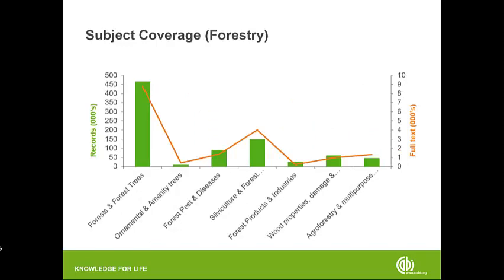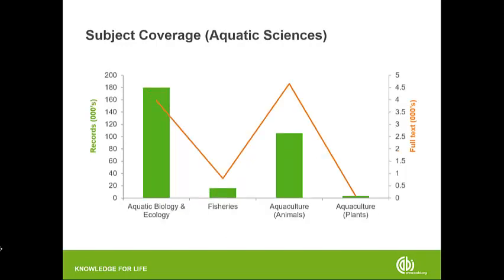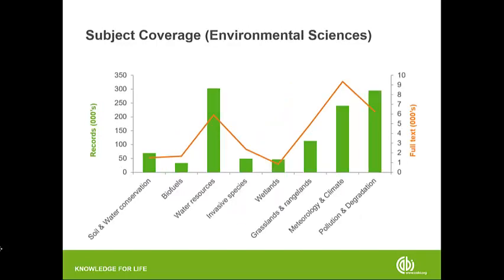And if I take as another example the aquatic sciences, we're covering fishery, aquatic animals and aquatic plants, aquatic biology and ecology. And if I take environmental sciences, obviously we cover biofuel, invasive species, soil and water conservation, and other examples as you may see.